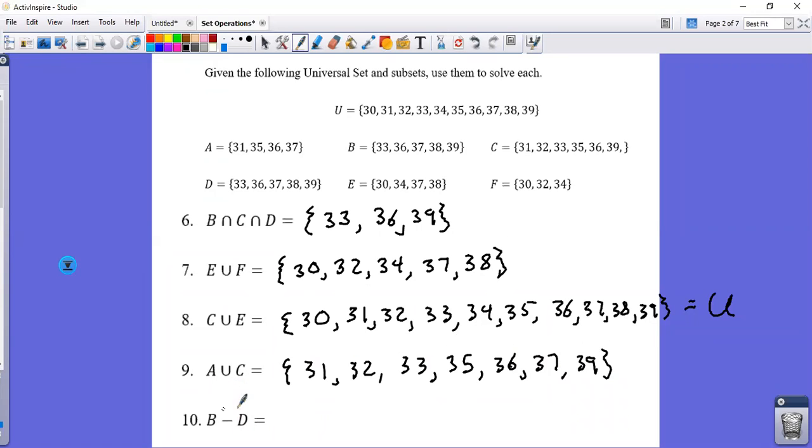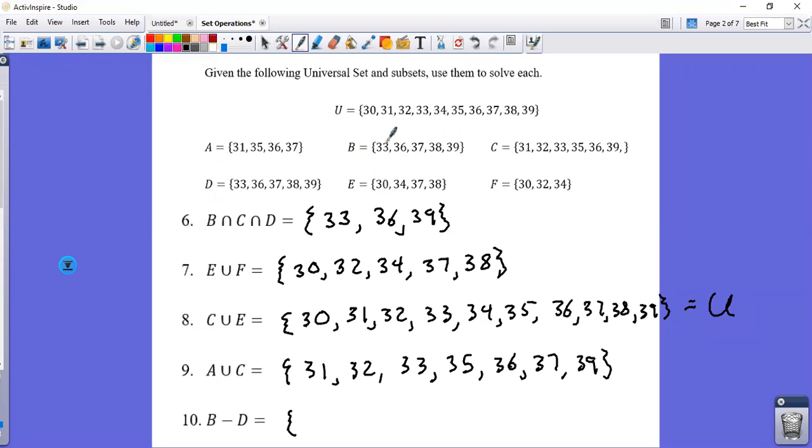Subtraction. There's no negative in set theory. Subtraction is just all of the elements in B and take out any of them that are also in D. So 33 is in D, so it's gone. 36 is in B, 36 is in D, so you subtract it out. 37 would be subtracted out. 39, 38, 39.